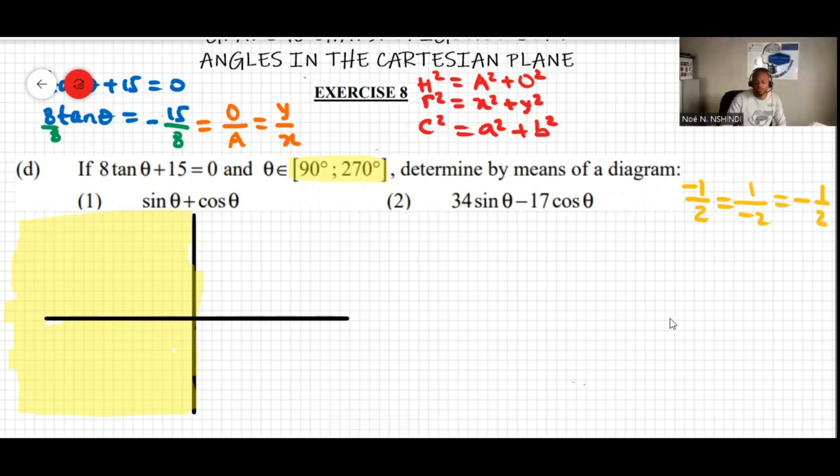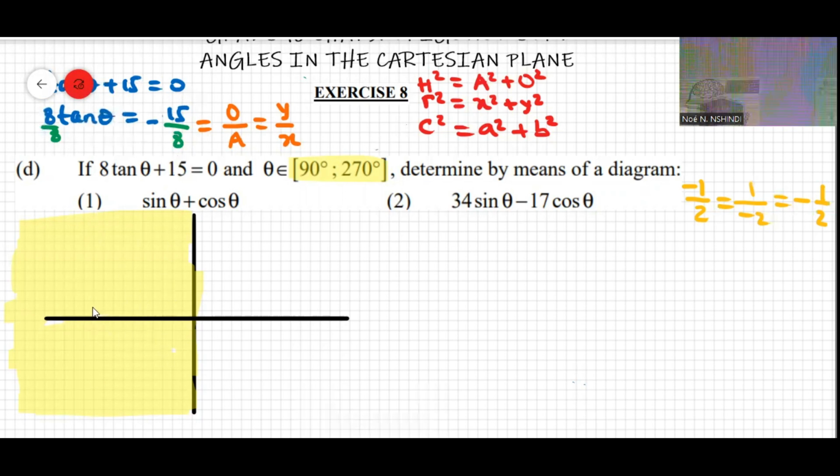So we don't know exactly which one was negative, the numerator or the denominator, but we do know the fraction itself is negative, like the same case with this one. We have negative 15 over 8 here, but I don't know originally which was negative. We can see that in the quadrants.